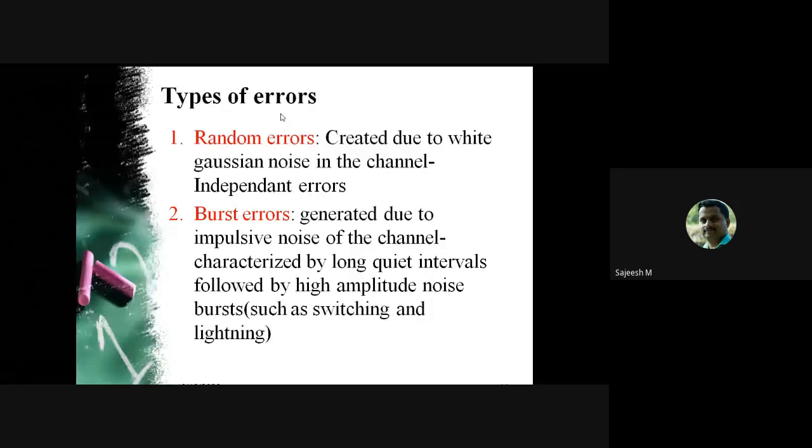That is, if the message is a 3-bit message, we can have 000, 001, 010, 011, 100, etc. up to 111. If we are using an even parity check code, that is, consider a single parity check coding, and consider even parity check coding, we are adding an extra bit.